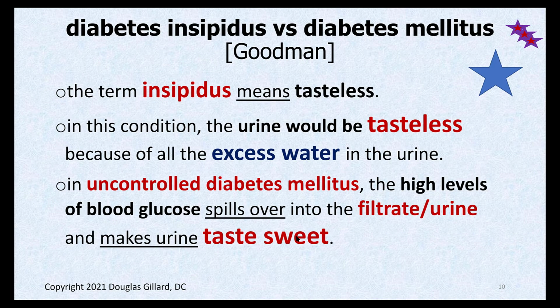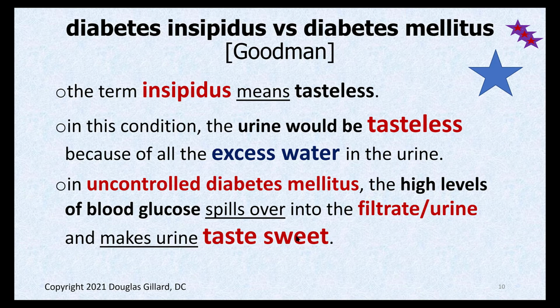What about diabetes insipidus versus diabetes mellitus? What's the story with that? Well, insipidus means tasteless. And if you tasted their urine, because of all that water, it would taste pretty much like water. The water content would be so high.